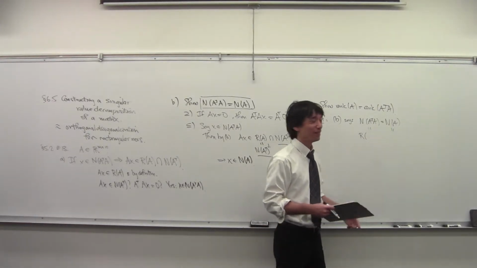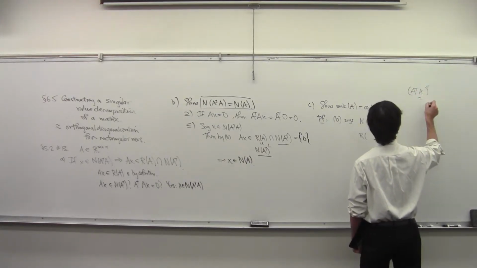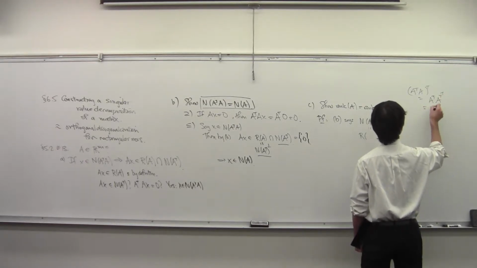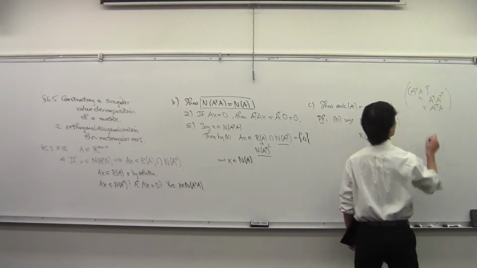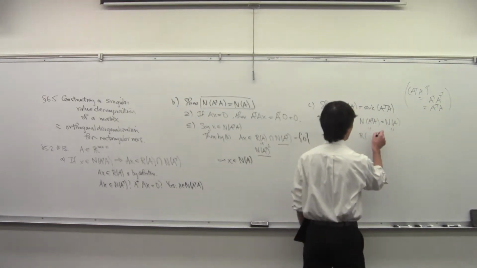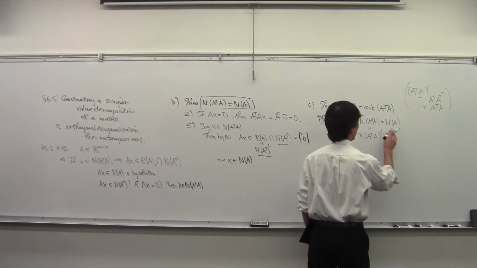ATA is symmetric, right? ATA transpose is A transpose A TT, in other words, ATA again. So we get the perp of ATA transpose, which is just ATA again.